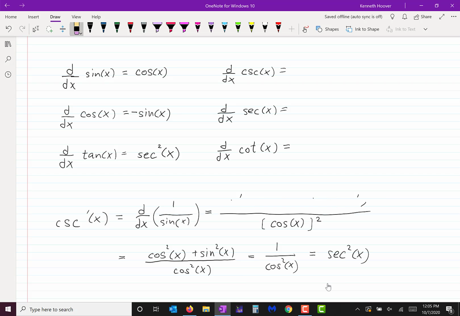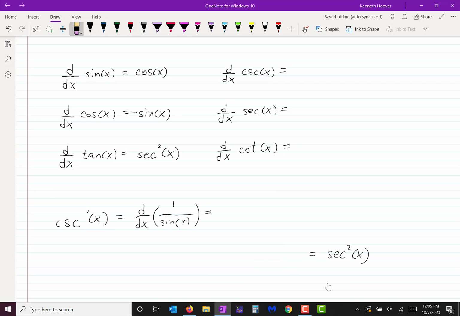Okay, so again, we're going to have derivative of the top times the bottom minus the top times the derivative of the bottom divided by the bottom squared.